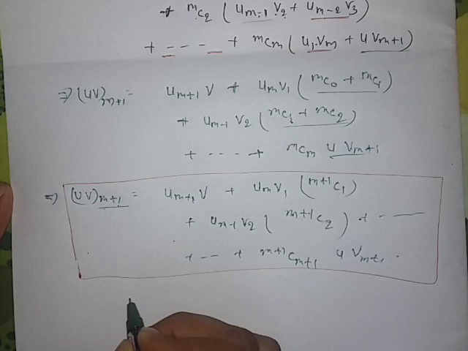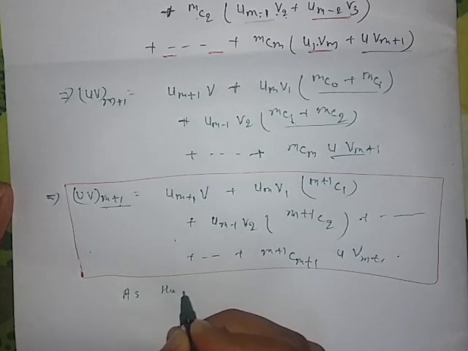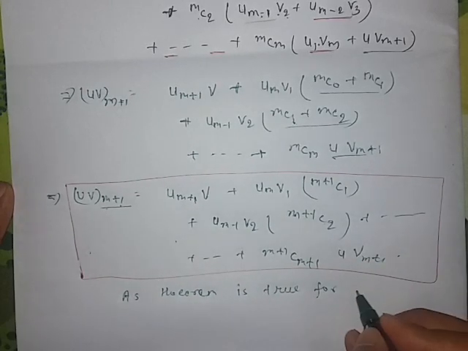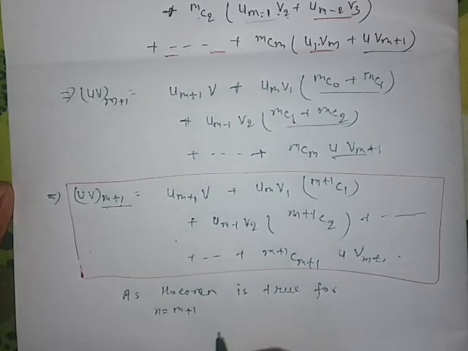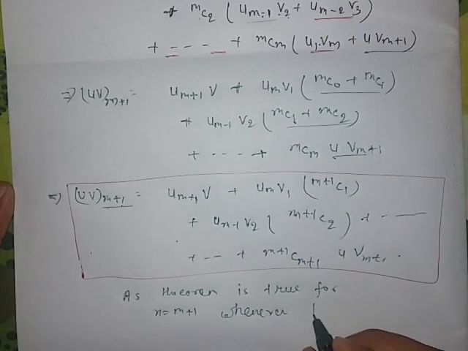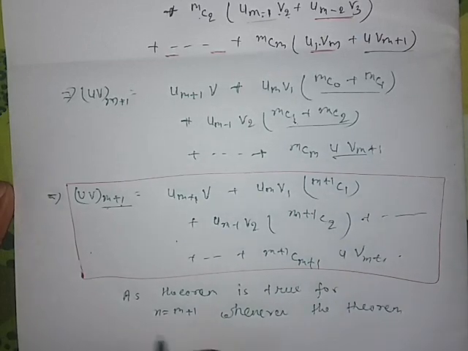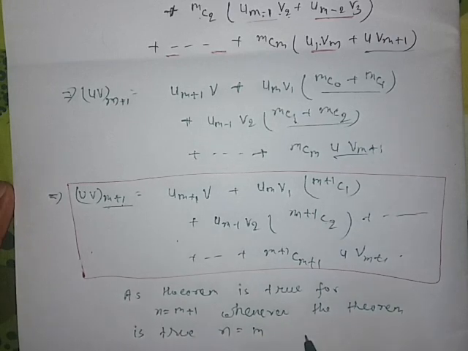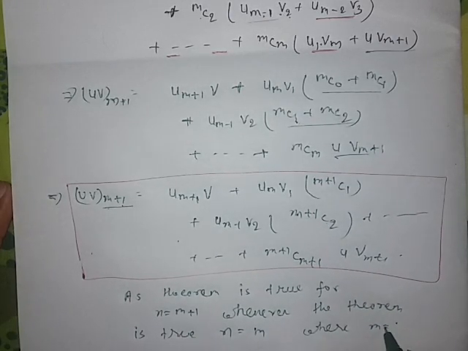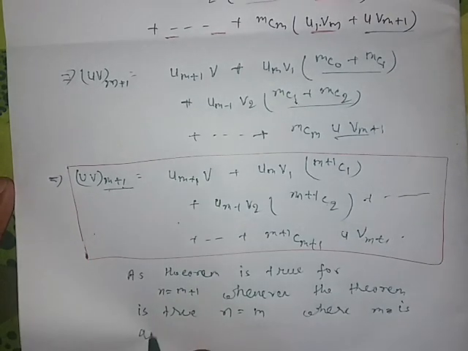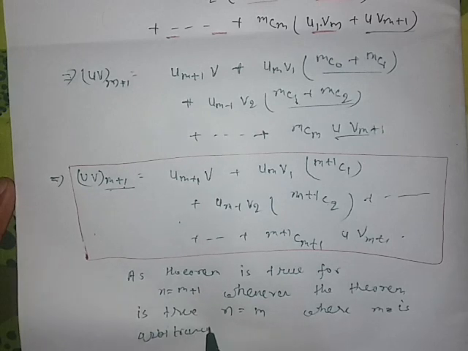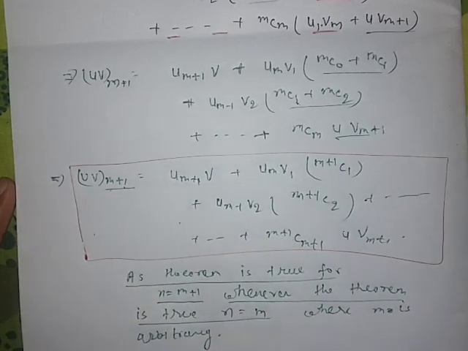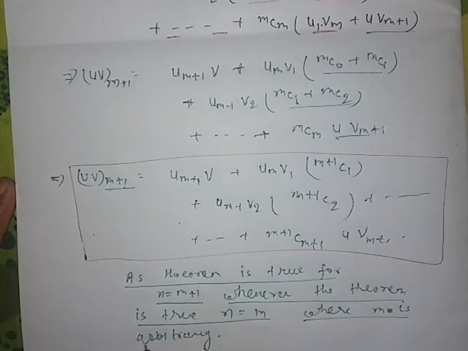We can write here as the theorem is true for n equal to m whenever the theorem is true for n equal to m, where m is arbitrary.